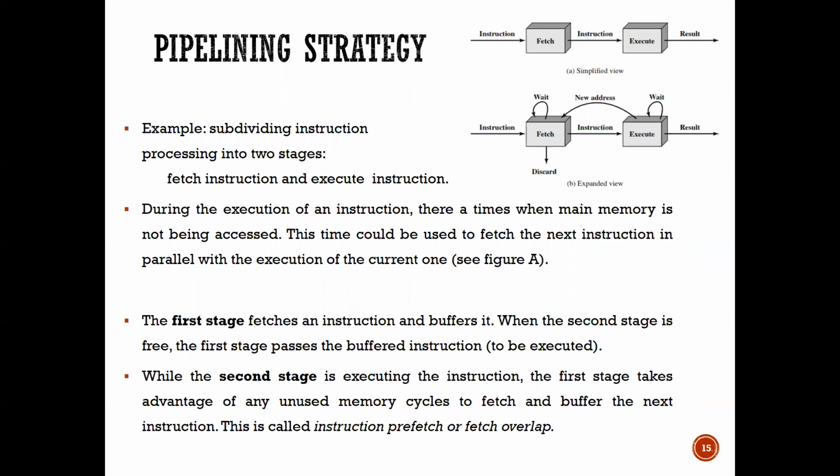The first stage fetches an instruction and buffers it. When the second stage is free, the first stage passes the buffered instruction. While the second stage is executing the instruction, the first stage takes advantage of any unused memory cycle to fetch and buffer the next instruction. This is called instruction prefetch or fetch overlap.